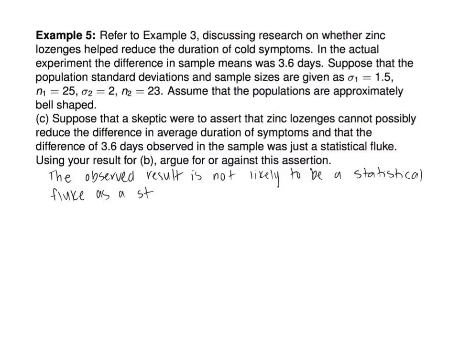As a standardized z-score, 7 is very unlikely. Once you start to get z-scores bigger than 3, I think you can say stuff is unlikely.